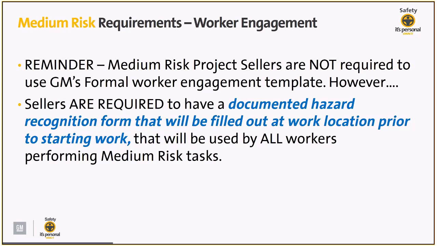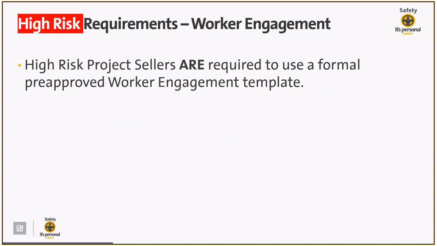Now they can opt to use our template if they would like, but they have to have something. So for high risk, once again, if the contractor project manager has a high risk scope of work, we do require the use of the formal pre-approved worker engagement template.